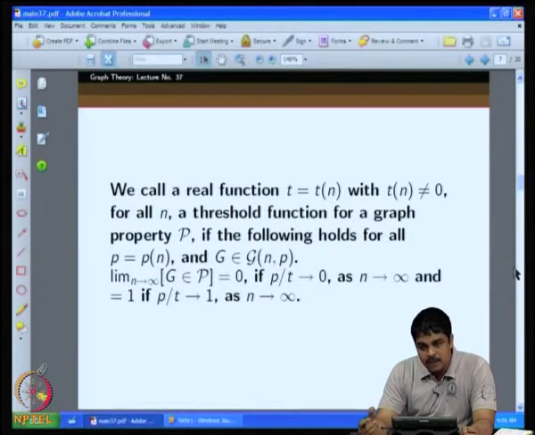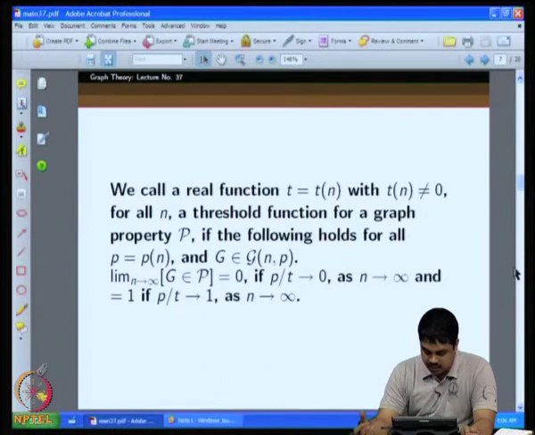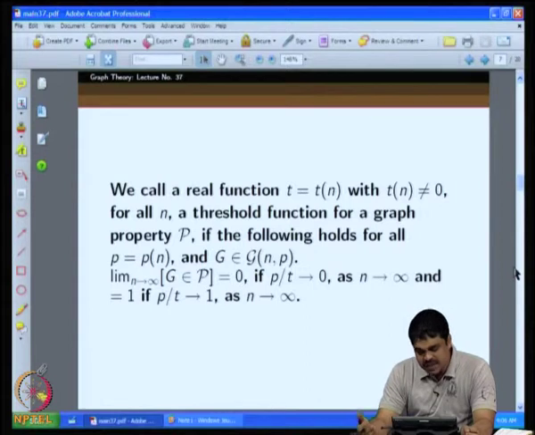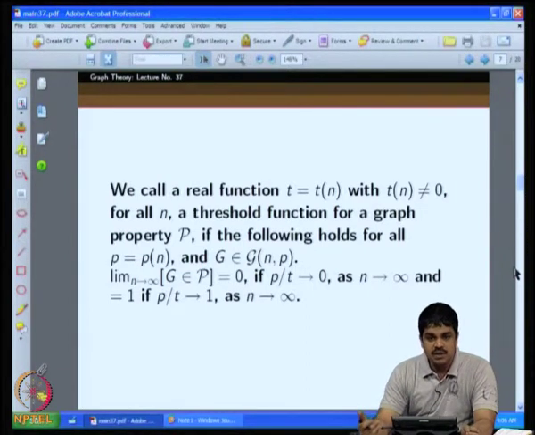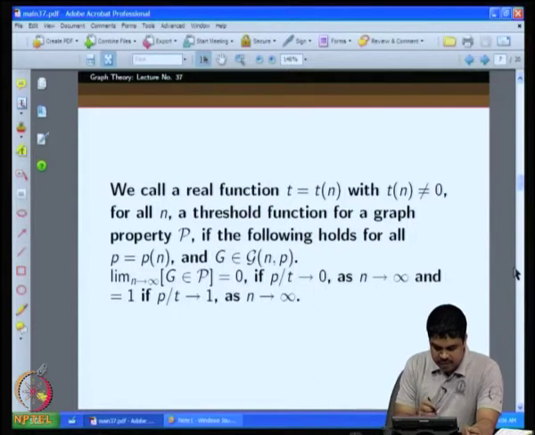That means if the probability p we select is a little above the threshold, then almost surely the graph will have that property, and if the probability we select for G(n,p) is a little below that threshold, then almost surely the graph will not have that property. So, more formally, we have written here.